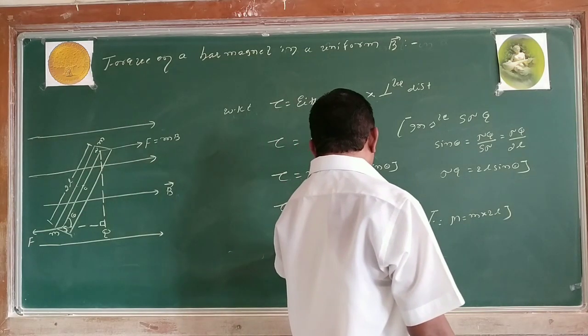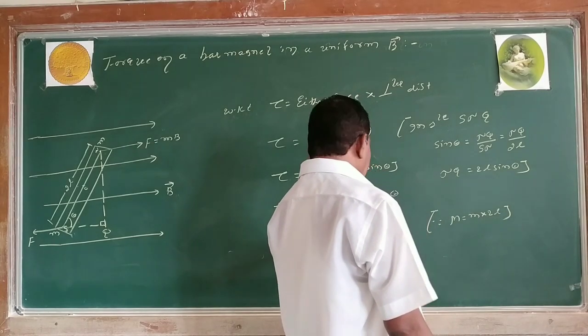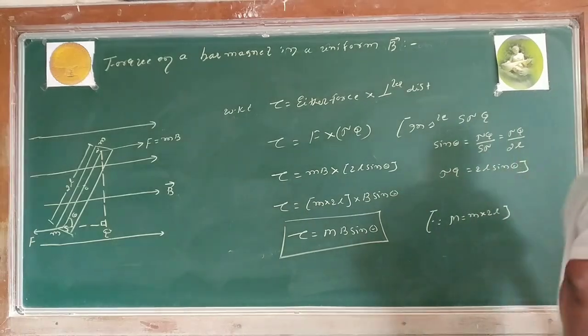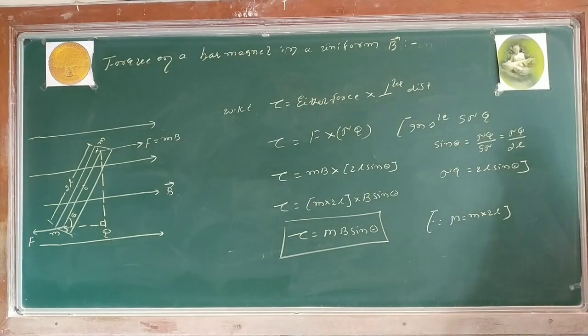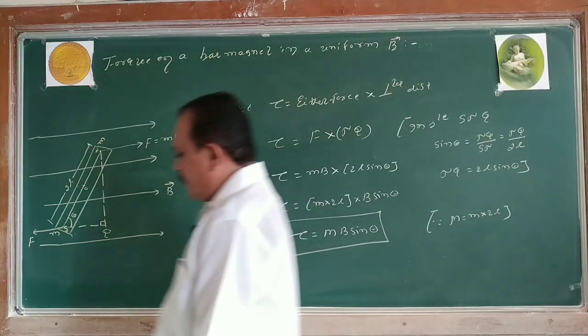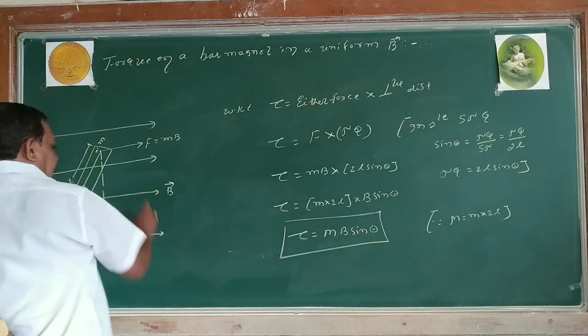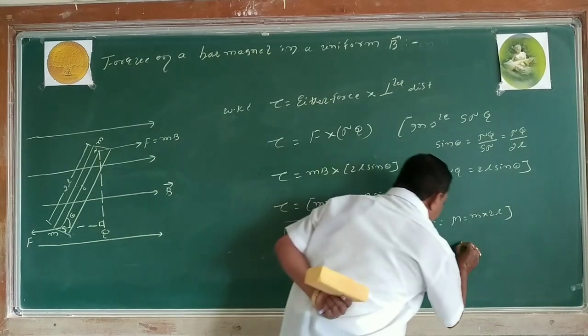Magnetic dipole moment is replaced by electric dipole moment, magnetic field is replaced by electric field. There we write pE sin theta, here MB sin theta. There we place an electric dipole, here we place a magnetic dipole, a magnet. Same figure, have a look once. Then what is the direction? Now this is the direction of the magnetic field. Let me write the direction here.